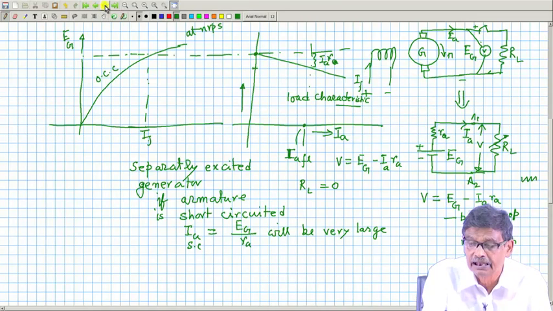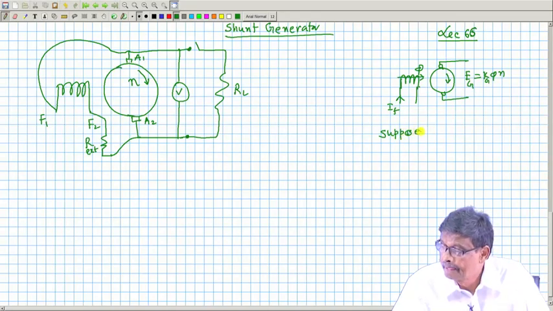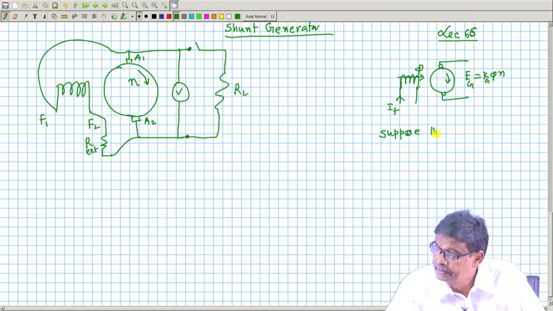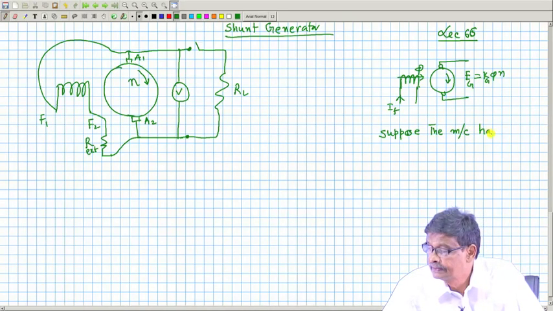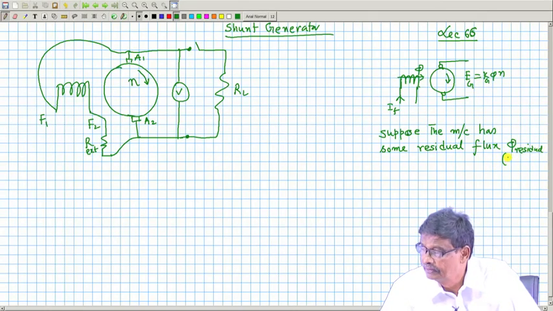So, the term I am using is, suppose the machine has some residual flux, phi residual, which is small.